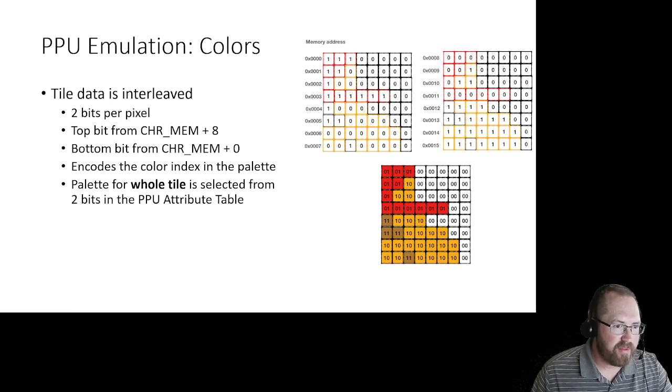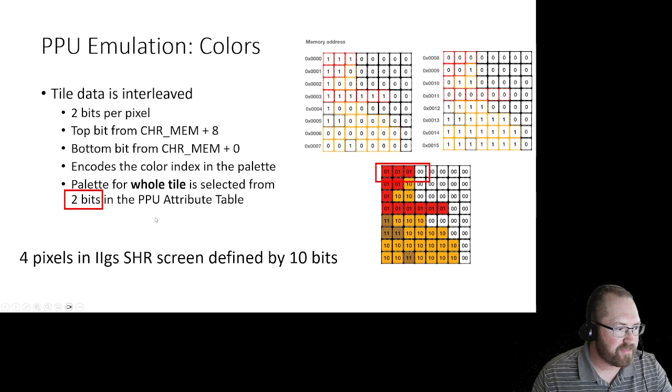So the character ROM data, the raw sprite data, has the 2 bits that pick the color index, but then you have to pick which palette you're picking, and that's in the PPU attribute table. So there's 2 bits there as well that get mixed in to give you the final on-screen color.